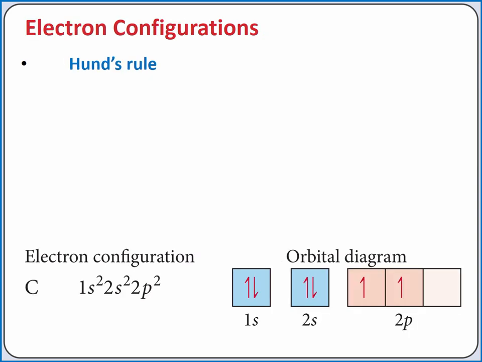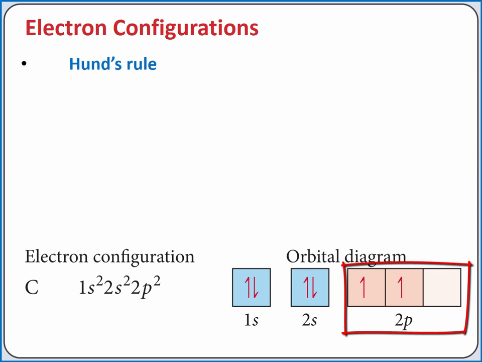We can continue applying the Aufbau principle to get the electron configuration for carbon, which is 1s2, 2s2, 2p2. To create the orbital diagram for carbon, we need to know how to fill degenerate orbitals, which are orbitals with the same energy.